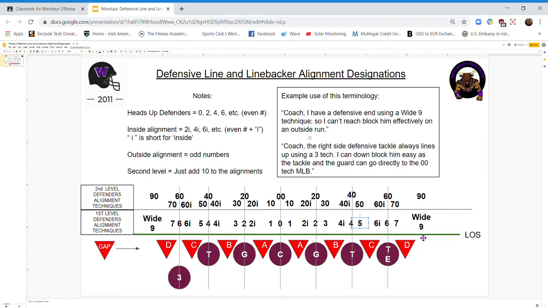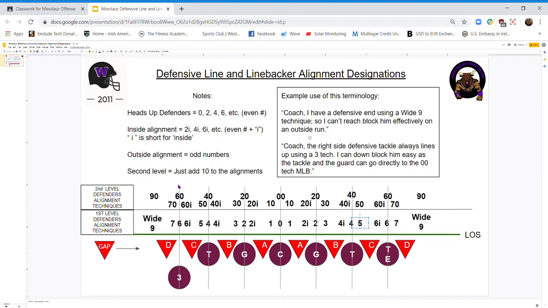Since he's outside, we're skipping right to 9. We're not using 8 because 8 would either be a heads up, or 8I would be an inside shade if we had an additional lineman out here or a 3-back moving over here for an overload. So when they are wide off of the last man on the line of scrimmage, they're going to be a wide 9.